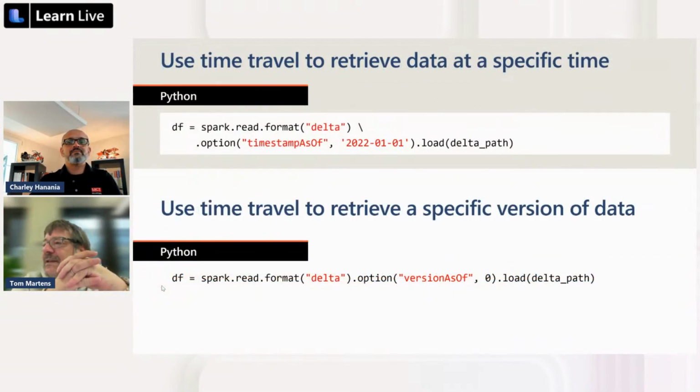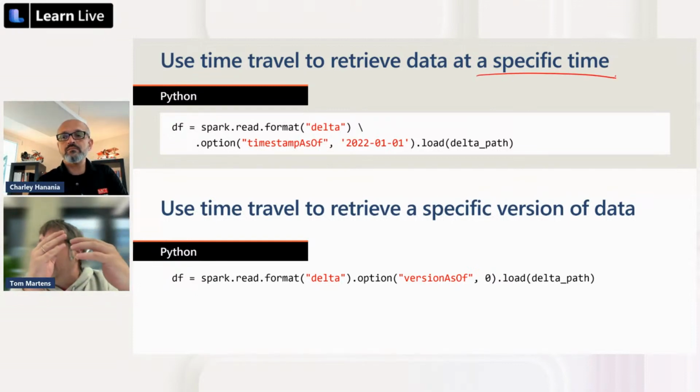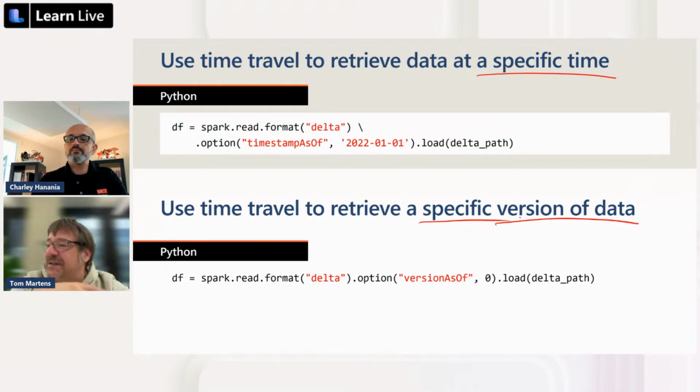And here we can see different versions of using PySpark to read data from a table at a specific given time. Or the second example, show me the initial version.